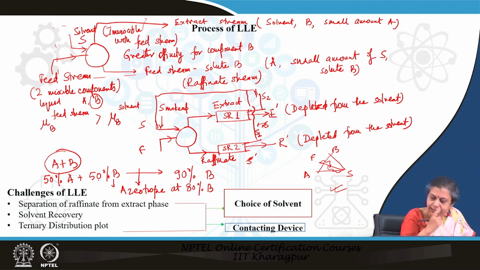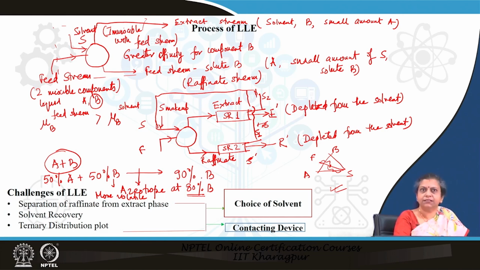So, when we start distilling, the top product we start getting has more of B as compared to A. We can increase the number of trays and we can keep on attaining more and more enrichment of B. This continues till we reach the azeotrope composition at 80% B. After that, we find that there is no further enrichment and we have no way of moving from a feed liquid of 50% B to an enriched liquid containing 90% B.